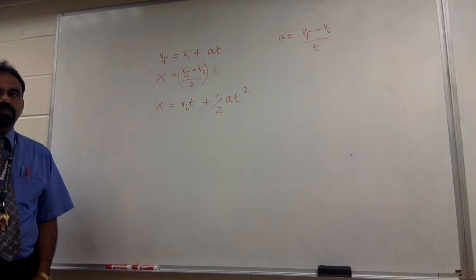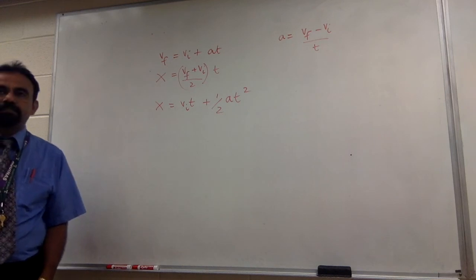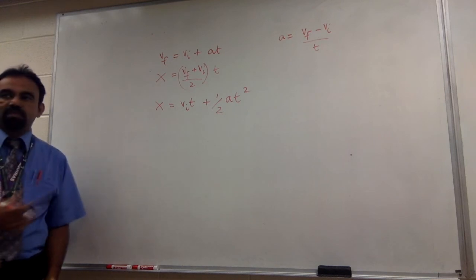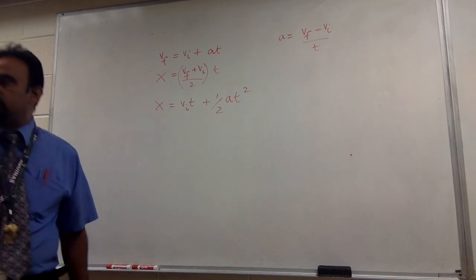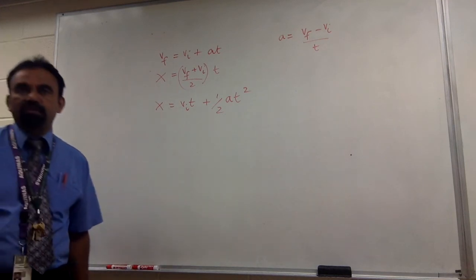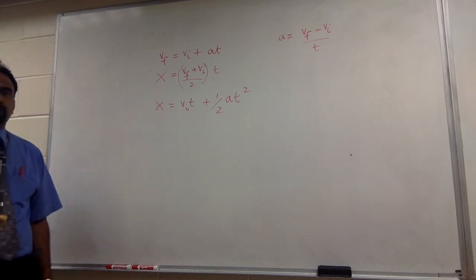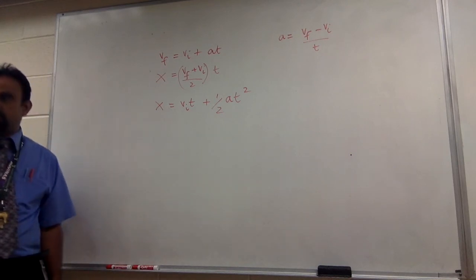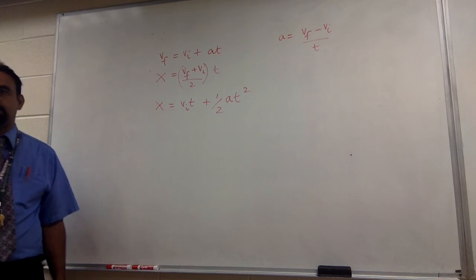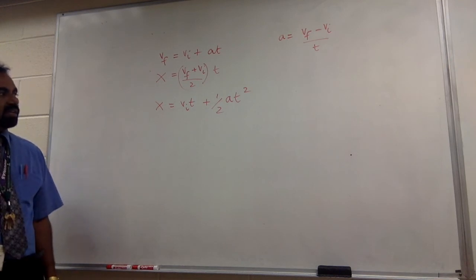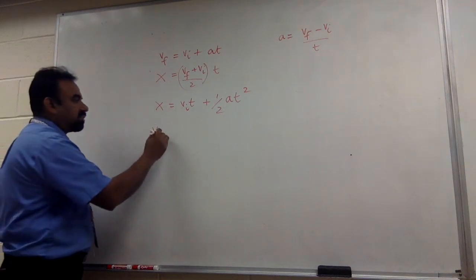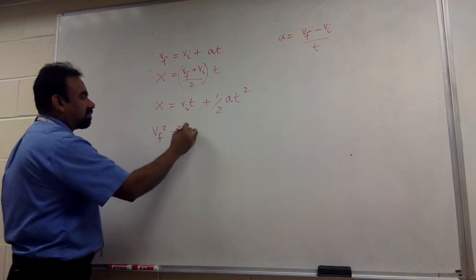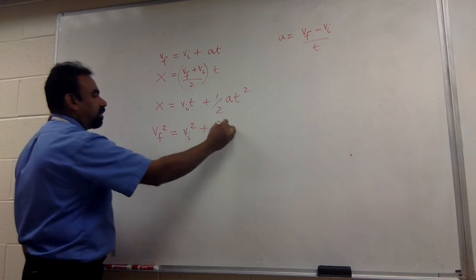If we have a word problem, you don't have to show how these equations come about, but you're going to use them. You saw all those exercise questions you went through as homework, and you used these equations already. We're going to see more examples anyway. And the last equation is Vf squared is equal to Vi squared plus 2ax.